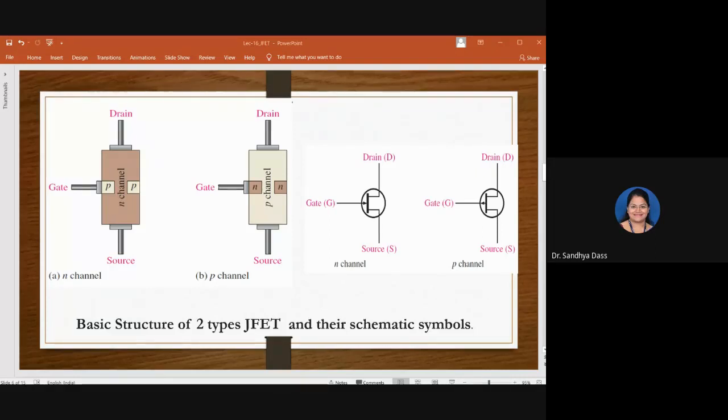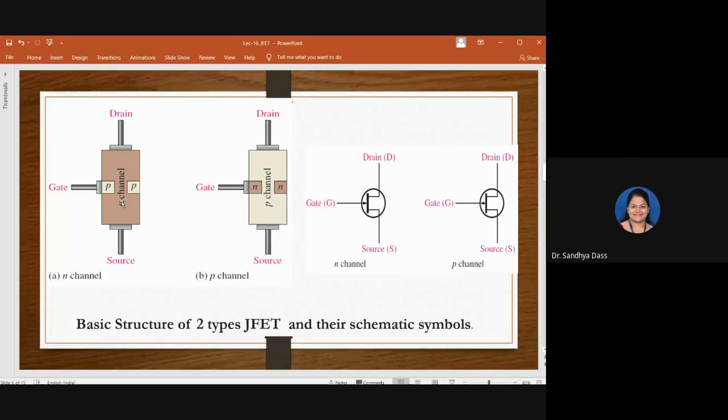It is shown there where you have a channel. Okay, say it can be N channel or P channel. All right, first let us discuss N channel there. So in N channel, there are leads connected with the ohmic contacts. On the top you have the drain terminal.